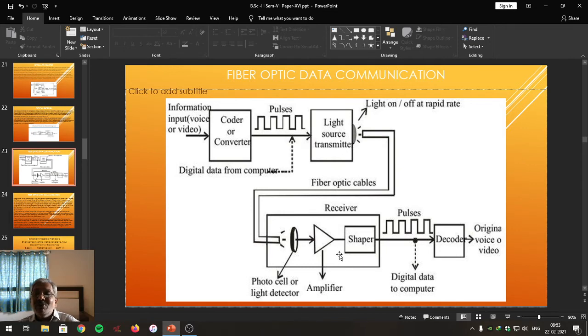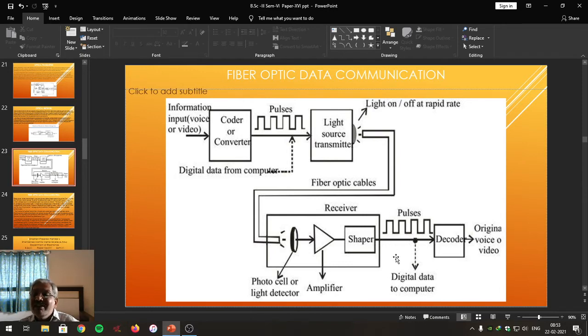Generally, threshold voltage level used for comparison is plus 5 volt. Incoming signal is compared with the plus 5 volt. If it is equal or more than that, it will be treated as a 1. If it is less than that, it will be treated as a 0. So that original digital pulses are obtained at the output of receiver.